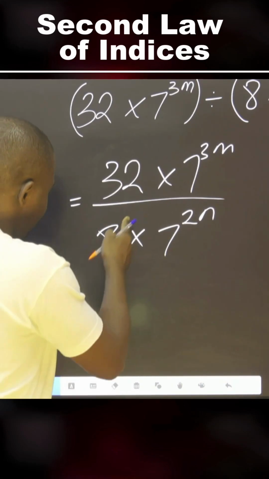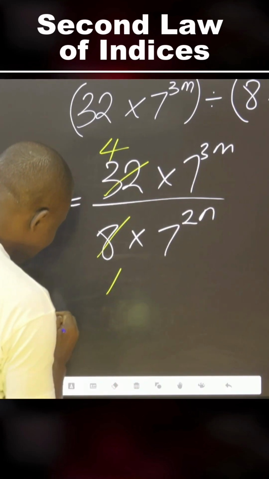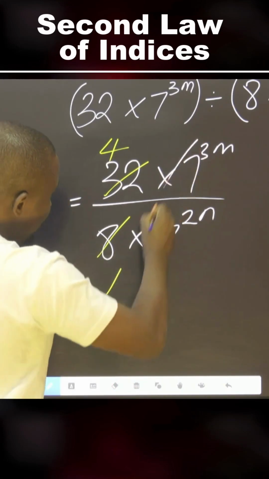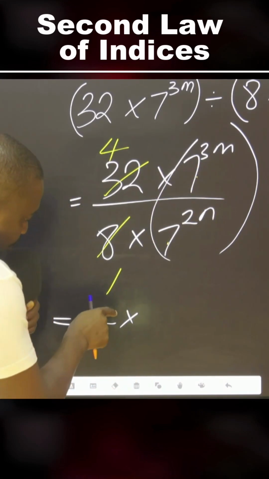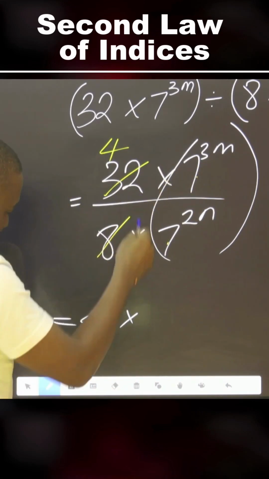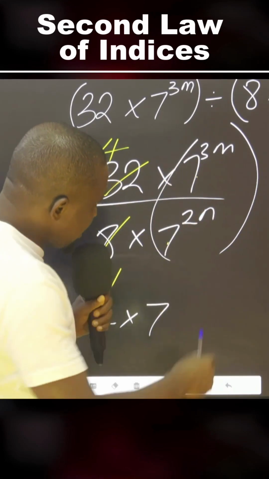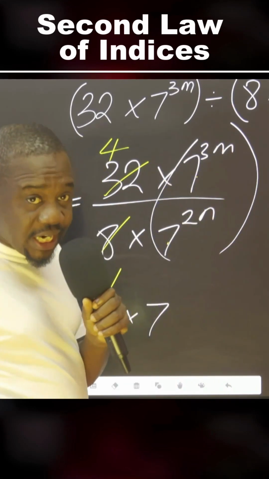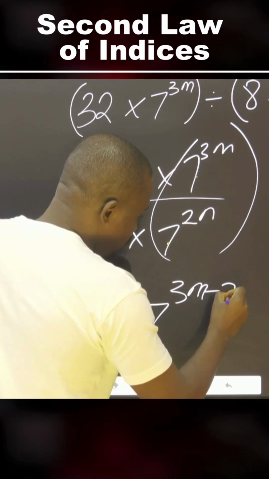Is 4. That means we have 4 now. What about these two guys? 7 and 7. We put multiply here because of this multiply. We put 7, one of the parents. This and this are the children. Means 3m minus 2n.